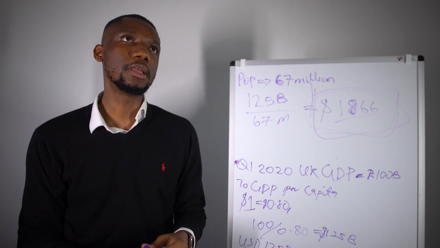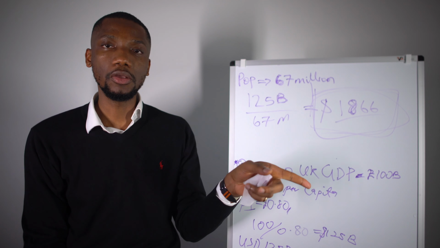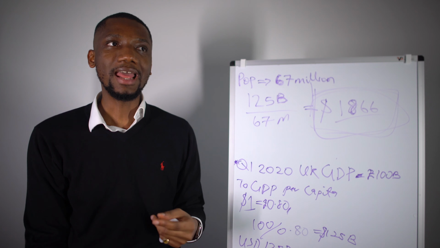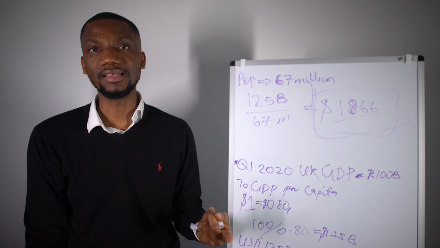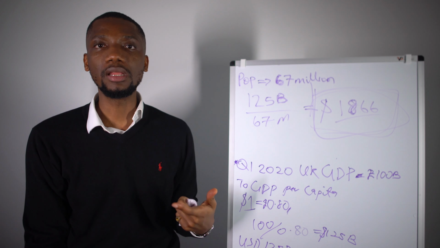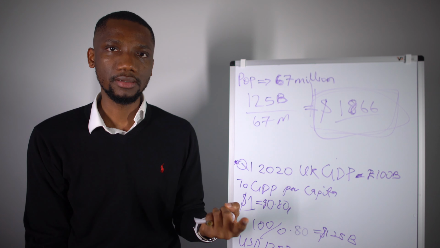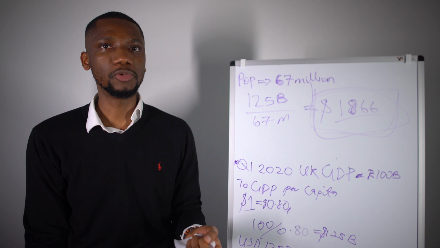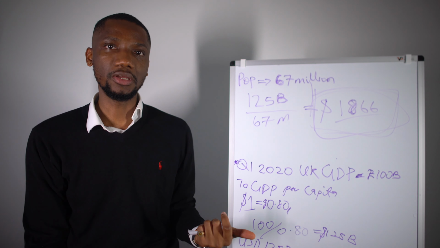I go on Numbers, I put down this UK Q1 2020, and initially it will seem as if you are just collecting nonsensical data. But then what you find out within 3 years, 2 years, you start seeing a trend, and you can start spotting trends just by collecting this data. Very simple.